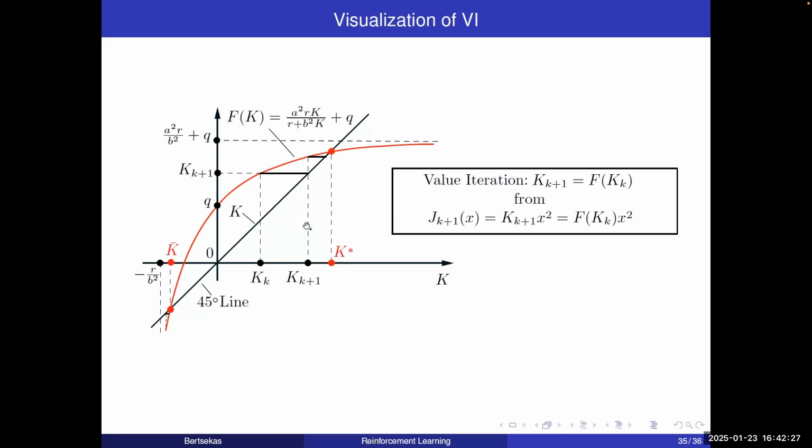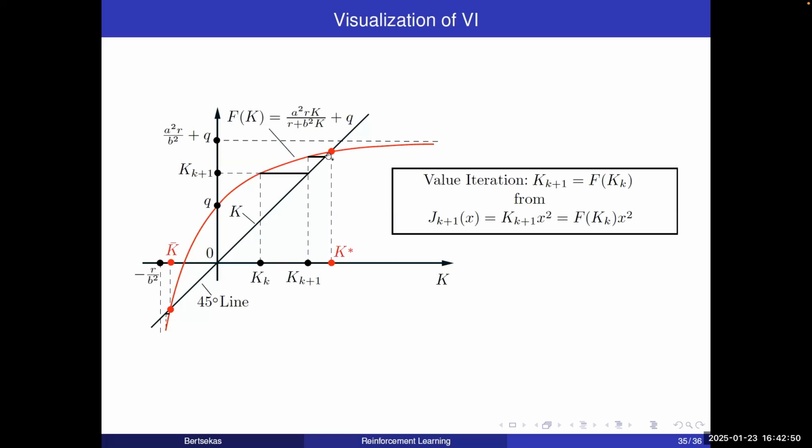And this is where K_{k+1} is. And then we find out K_{k+2}. As you may see, the value iteration in this case corresponds to this staircase construction. And this staircase construction is eventually going to lead us to K star.